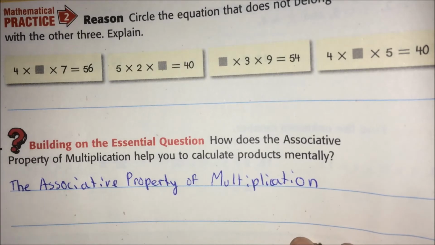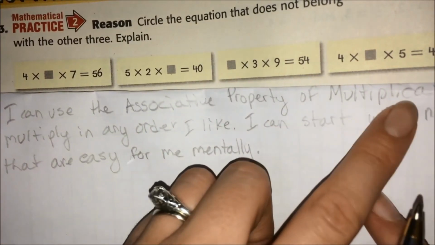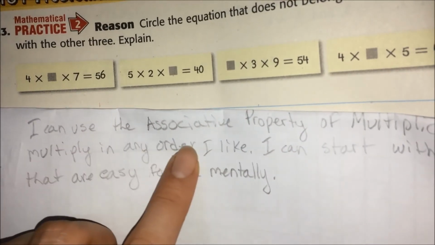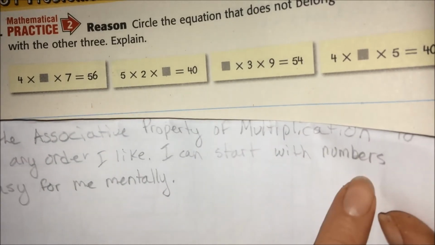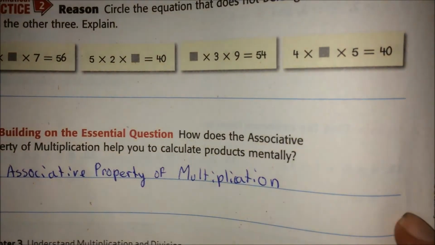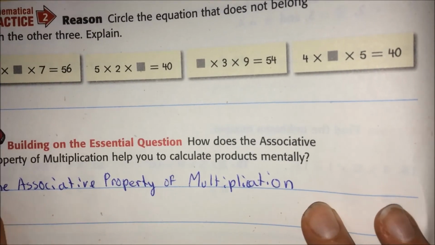In my example, I wrote, I can use the associative property of multiplication to multiply in any order I like. I can start with numbers that are easy for me mentally. So I want you to finish this sentence.